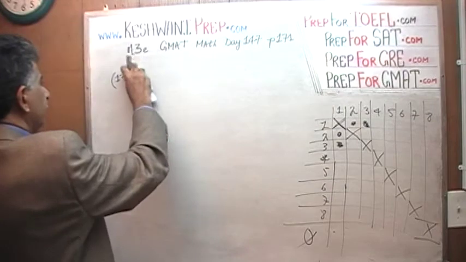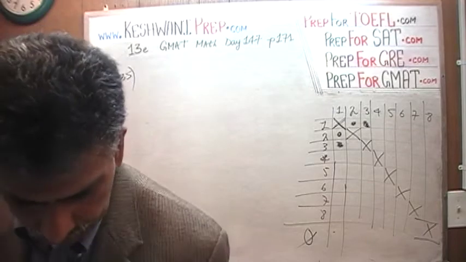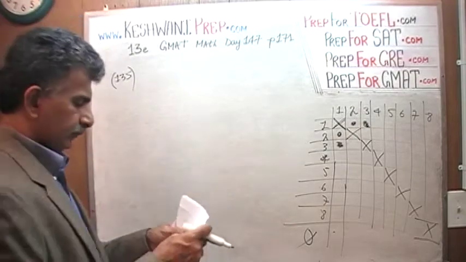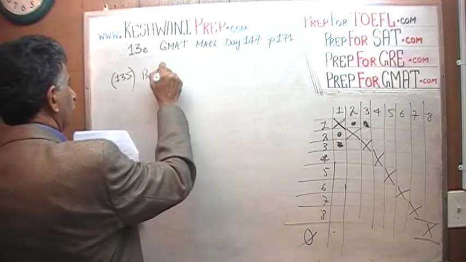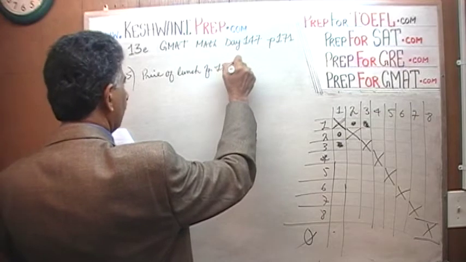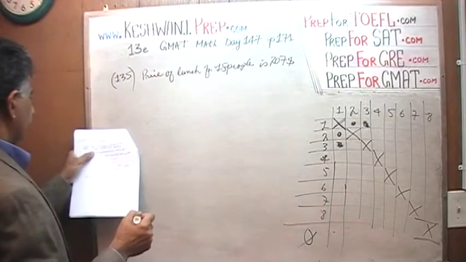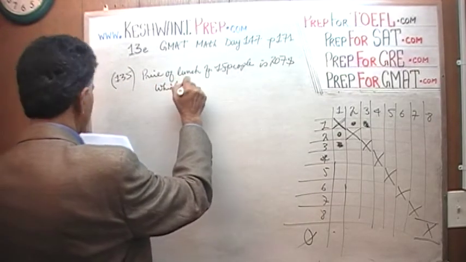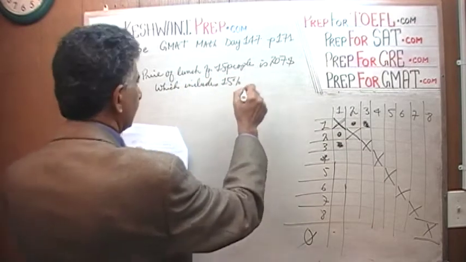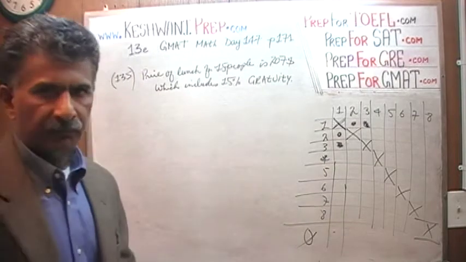In problem number 135, we are told that the price of lunch for 15 people is $207, which includes a 15% gratuity.